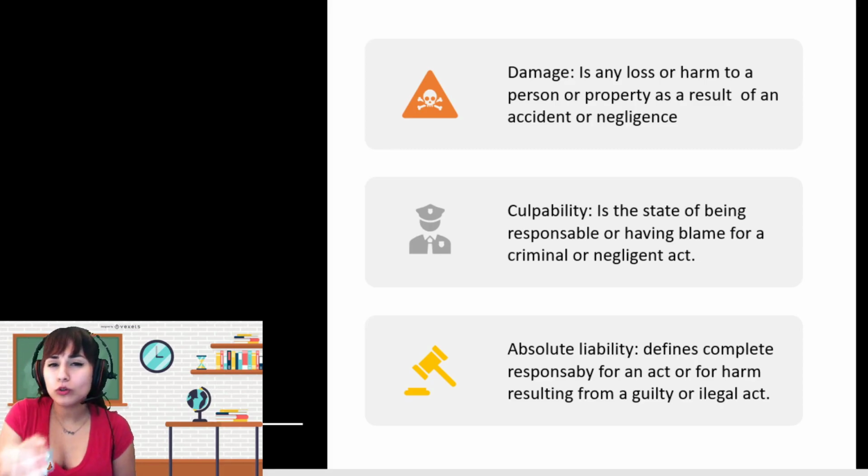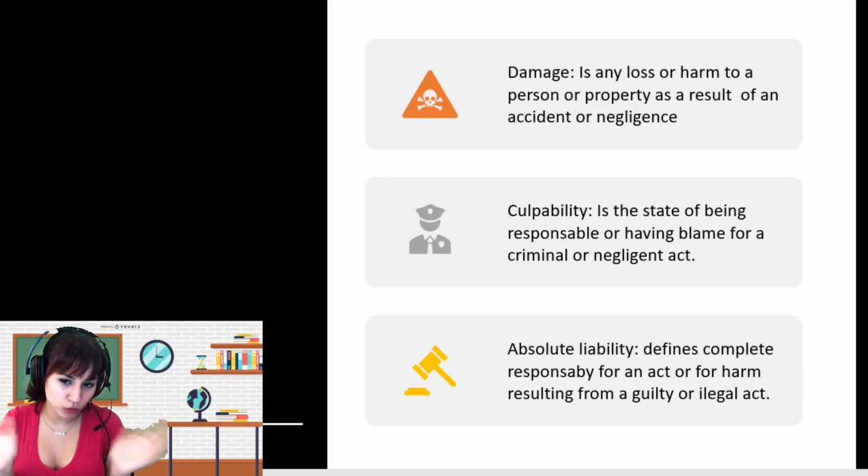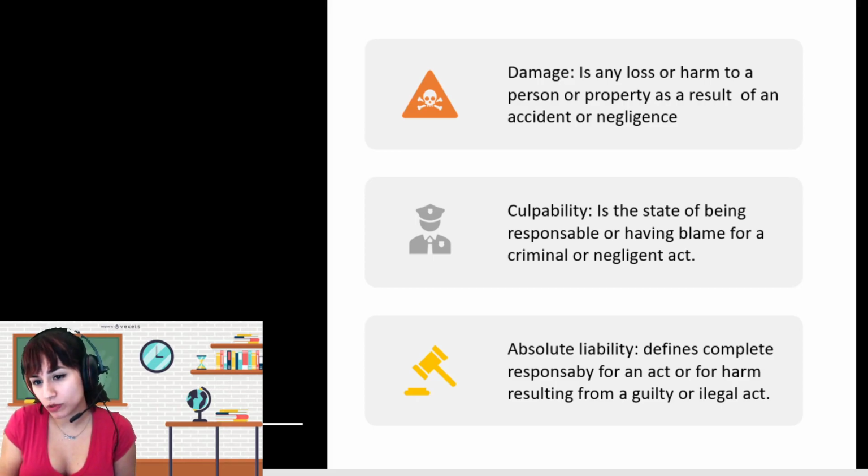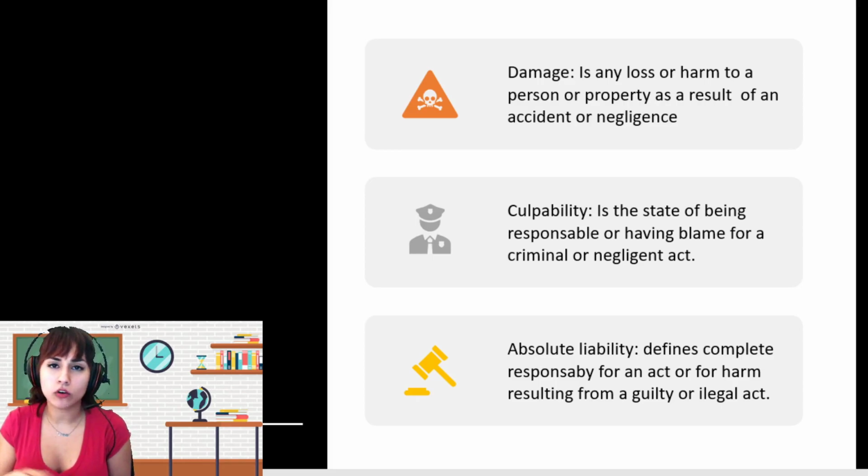Que la absolute liability va a ser cuando se le compruebe a la parte que se está señalando como responsable que realmente es la responsable de algo ilegal o mal hecho o negligente, ¿verdad?